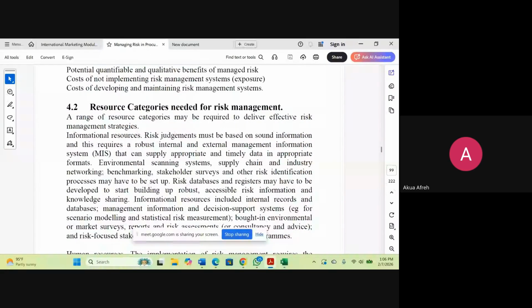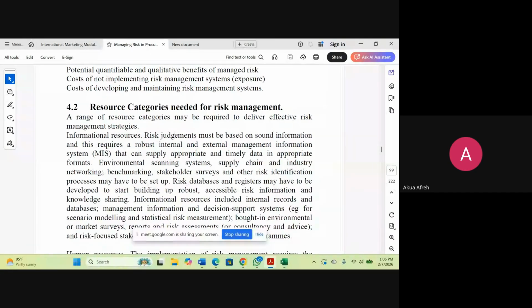The first one here is the informational resources. Risk management, we are saying, depends heavily on information.